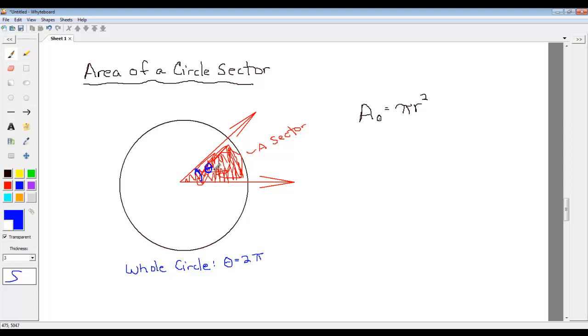Whatever this theta is, it's a part of the circle, it's not the whole. So for the fraction of the circle, theta over 2 pi will give us what part we've got.